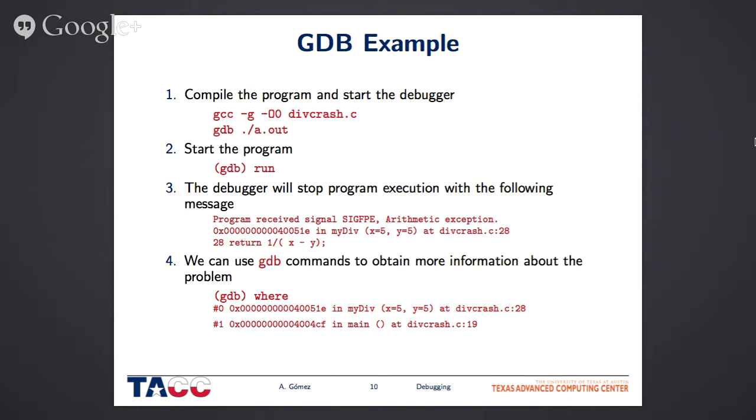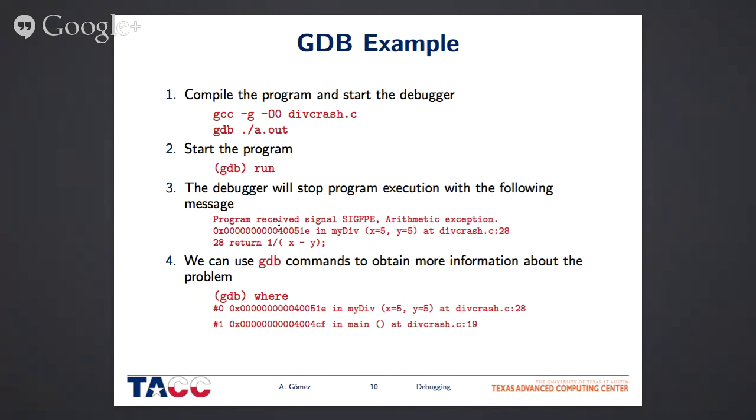With the command run or R. After a few iterations, and really quick because this program is very short, GDB will show this error message. Program receives signal SIGFPE, arithmetic exception. And it even tells you where it failed, line 28, and it will show you the line.